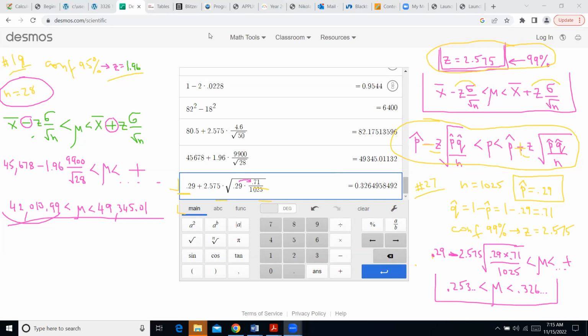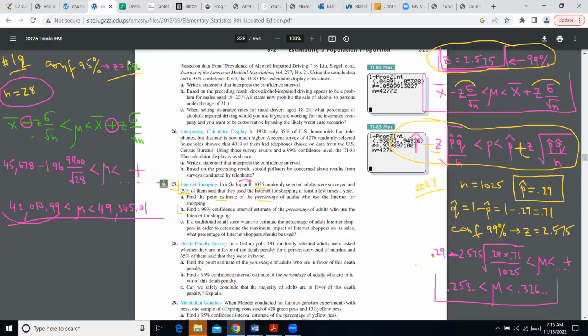And that's the answer. We found the interval. What can we use it for? Well, you can always see what the entire population of people is doing. What percent of people actually prefer to shop online?